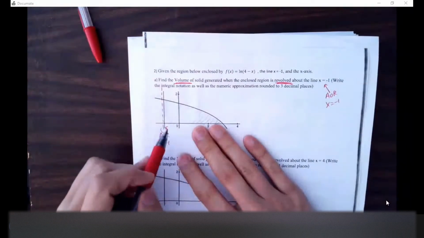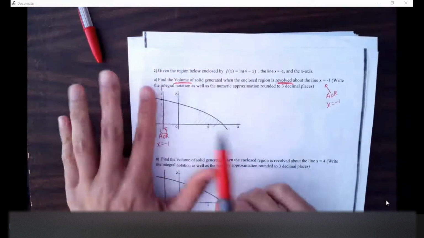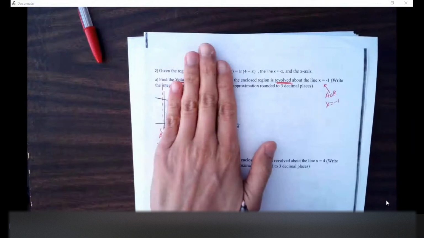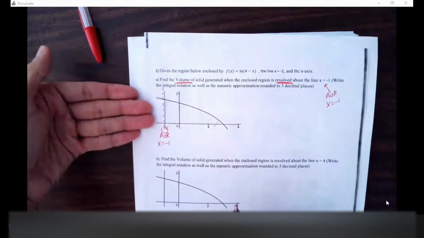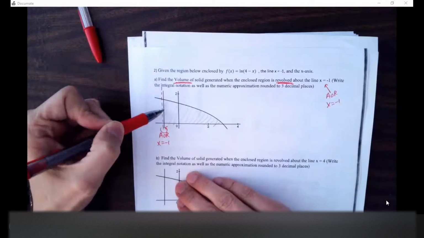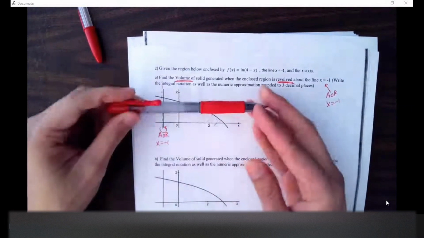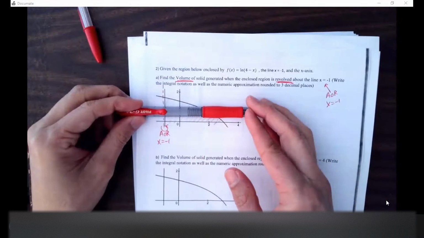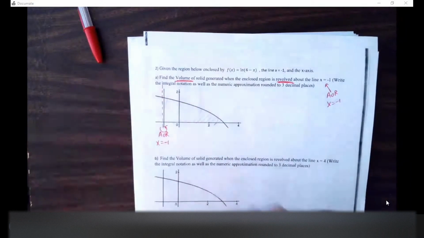All right, so the way we draw a radius, this is the true center of the object because we know that this is going to rotate over to this side as well. And our radius always will extend perpendicular to our axis of revolution, so our radius will extend to the right.